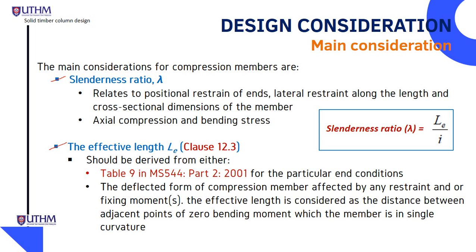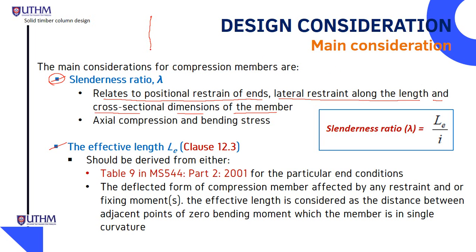So first, let's look at slenderness ratio. Slenderness ratio relates to positional restraint of ends, lateral restraint along the length, and cross-sectional dimension of the member. This slenderness ratio indicates the susceptibility of the column to buckling.